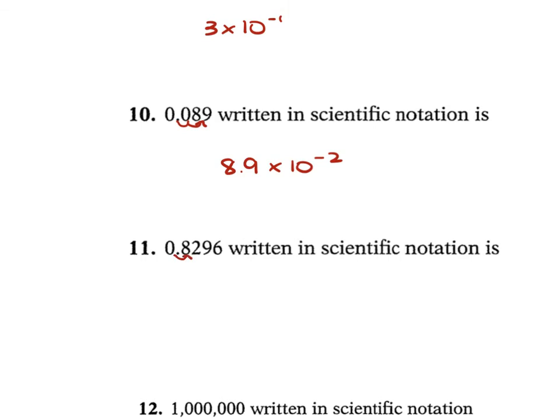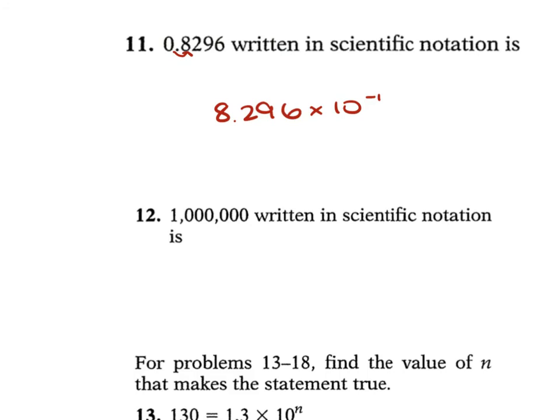Then we have 0.8296 written in scientific notation is 8.296 times 10 to the negative first. 1 million written in scientific notation is 1 times 10 to the 6th power. You have 6 zeros.